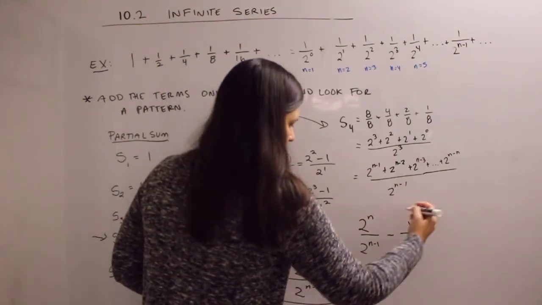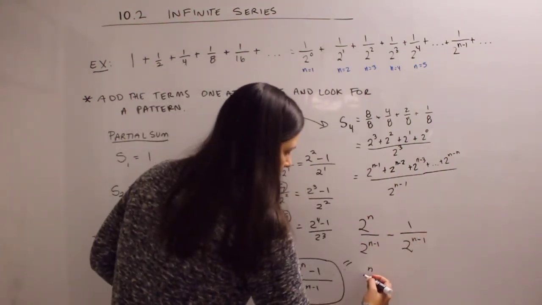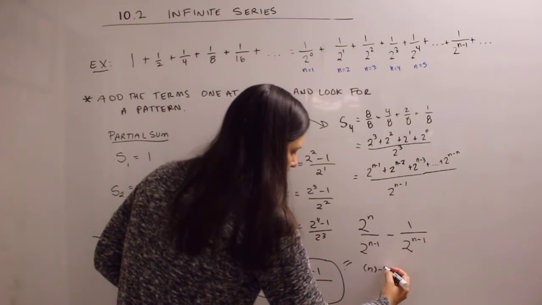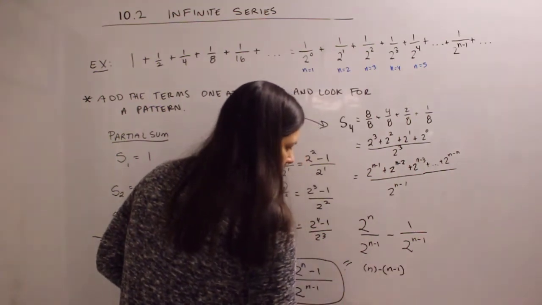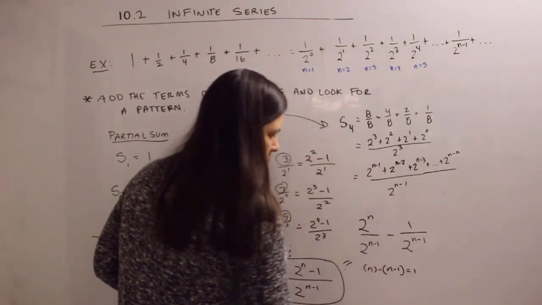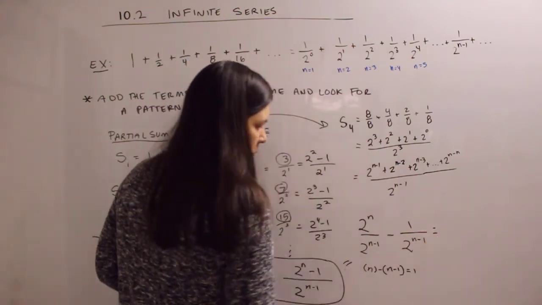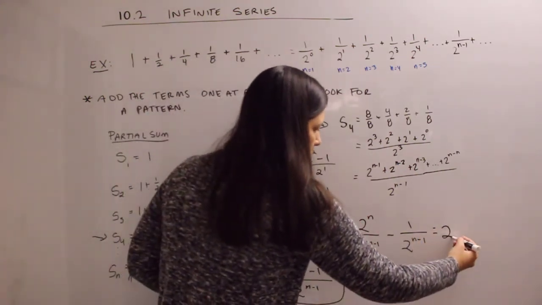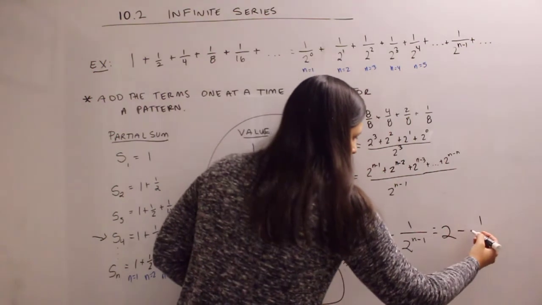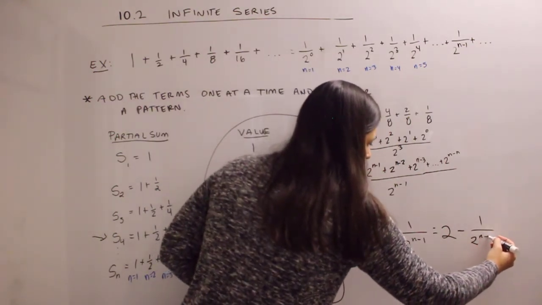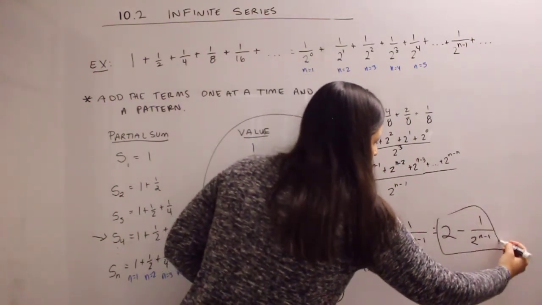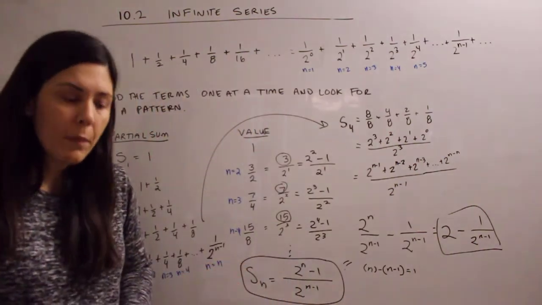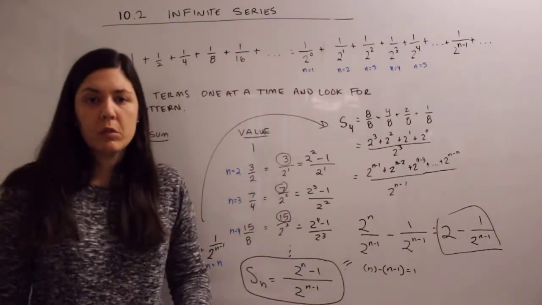So this is, I'll just write it down here. The exponent is going to be n minus n minus 1, so that's going to be positive 1. So this becomes 2 to the positive 1, which is just 2, minus 1 over 2 to the n minus 1. And that is a formula for our partial sum, any partial sum we choose.